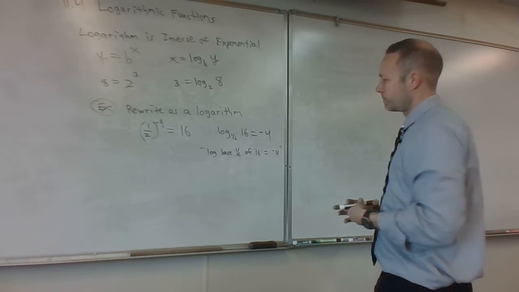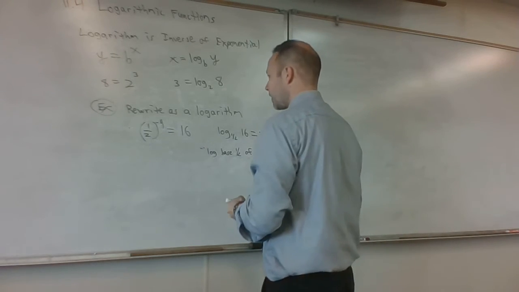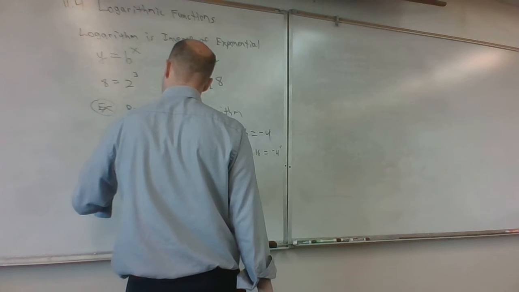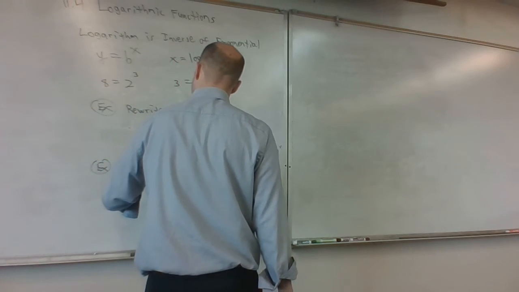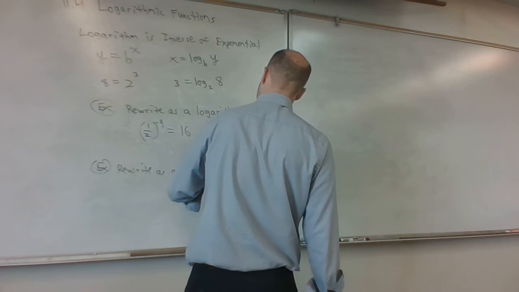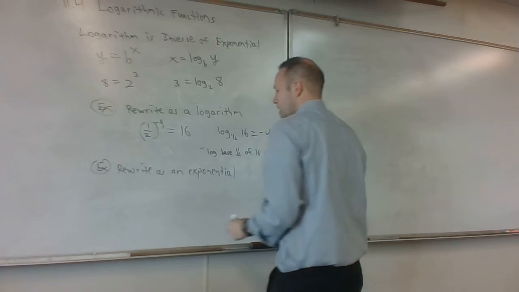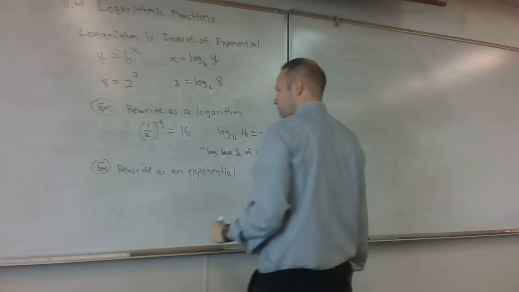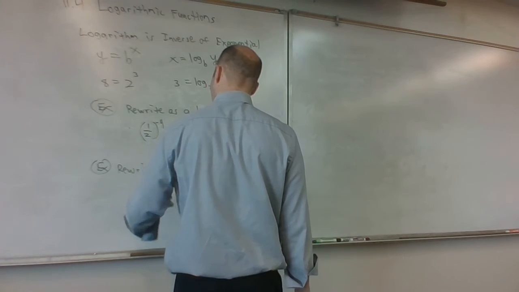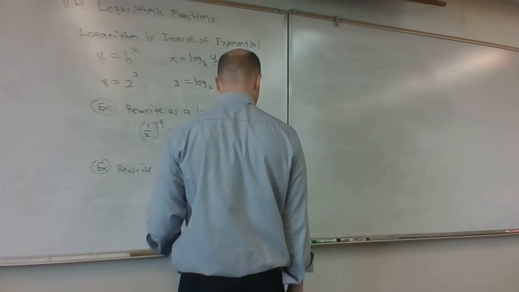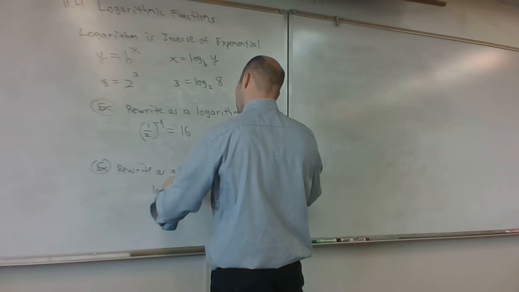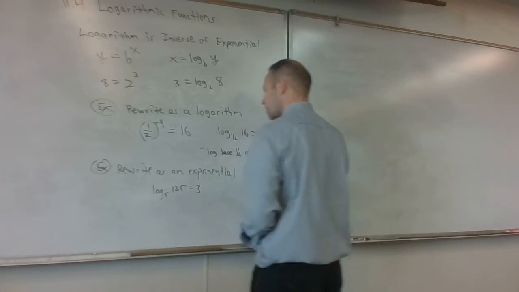That's what that would be read, end quote. Okay? And likewise, you could go back the other way. So we could also say, like, rewrite as an exponential. So I want a log, so let's go log base 5 of 125 equals 3.